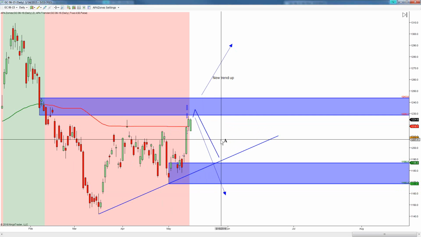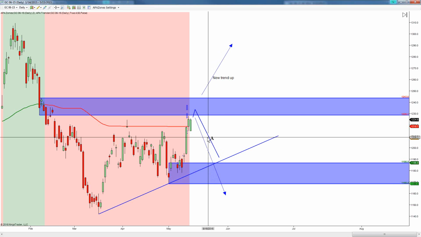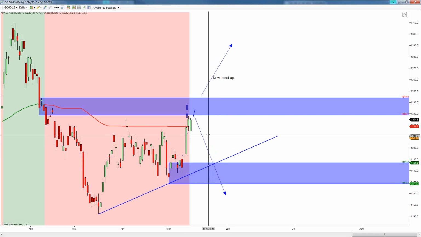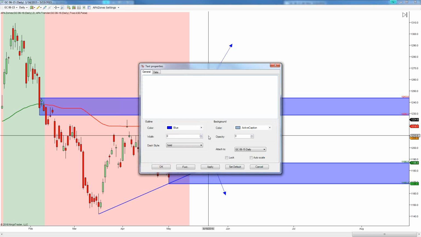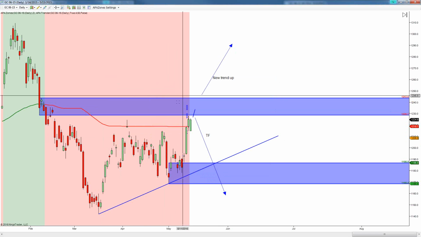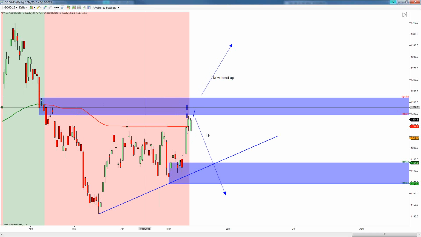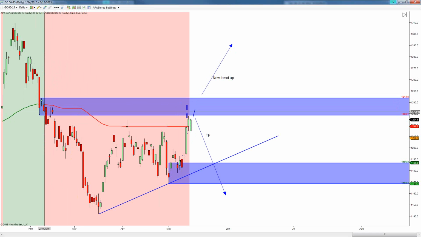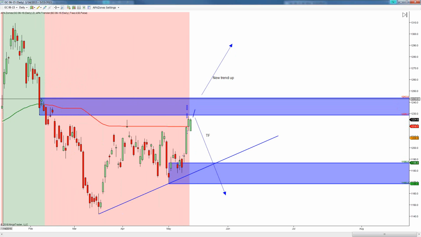So this is right now trend follow to the downside, because that trender still is there. We know where this nice little basing zone is. You can see it over there. So we'll just see how it plays out.